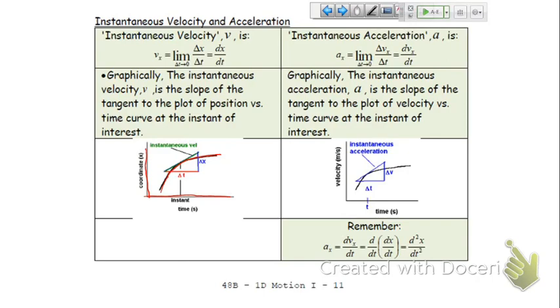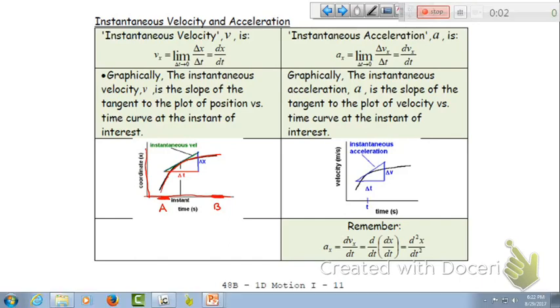Am I traveling fastest during this period, let's say A, or am I traveling fastest during this period, let's say B? So click in. If you think you're traveling fastest during period A, will you click A? And if you think you're traveling fastest during period B, will you click in B? So where are people traveling fastest?